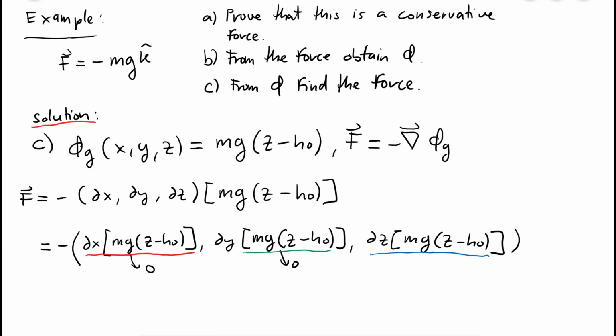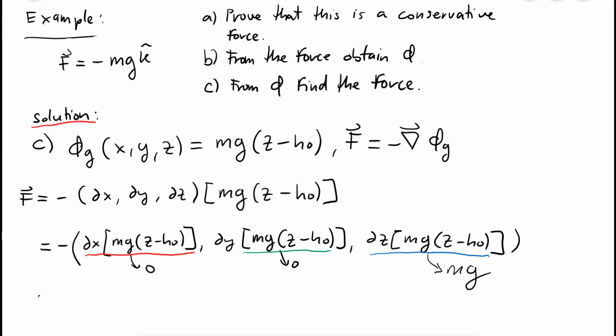And for this component, you notice that the partial derivative with respect to z of z is 1, minus the partial derivative with respect to z of h0. And since this is a constant, its derivative is 0. So you can say that the derivative of this term is going to be equal to mg.